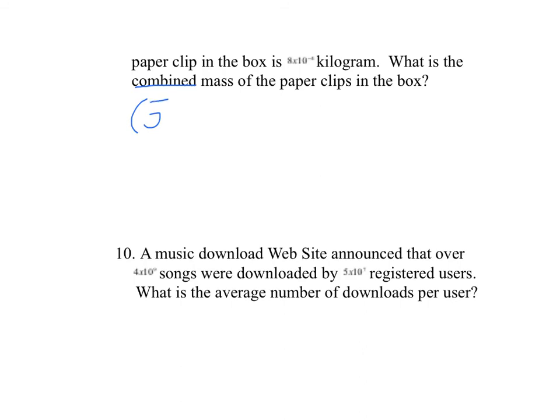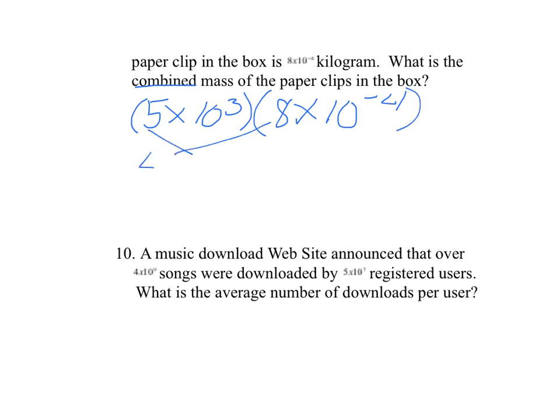So 5 times 10 to the 3rd, having issues with my parentheses today, times 8 times 10 to the negative 4th. Multiply my numbers. 5 and 8 give me 40. Add my exponents. 3 and negative 4 is negative 1.